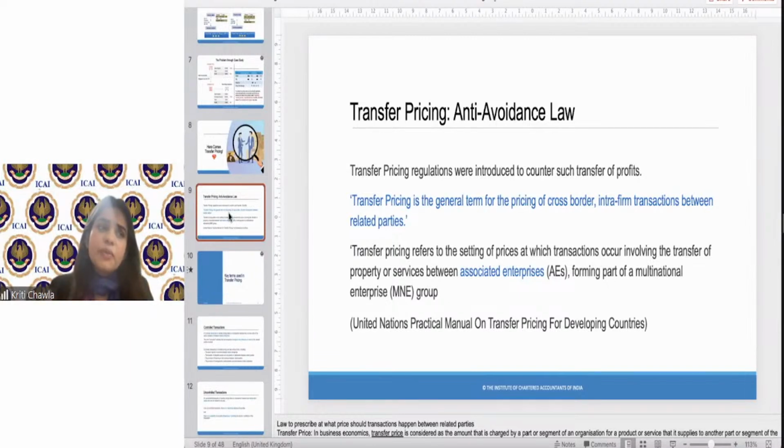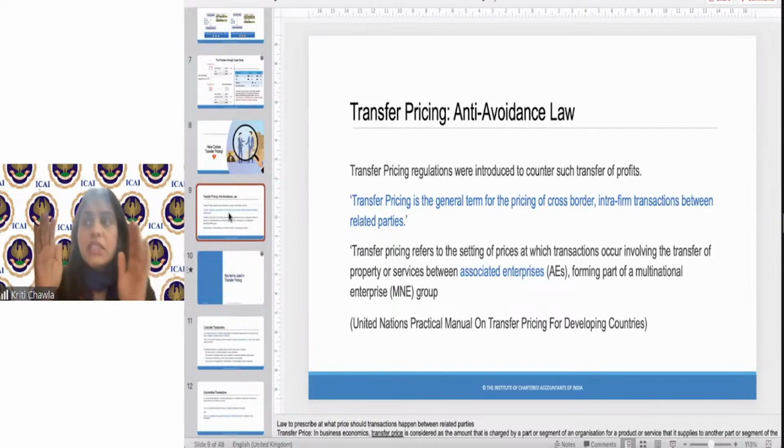So transfer pricing is just a law in place so as to make sure that related parties should also transact at a price at which independent parties are transacting. They should not transact at a price which is at their own whims and fancies. They should transact at a price at which every other independent party is also transacting.